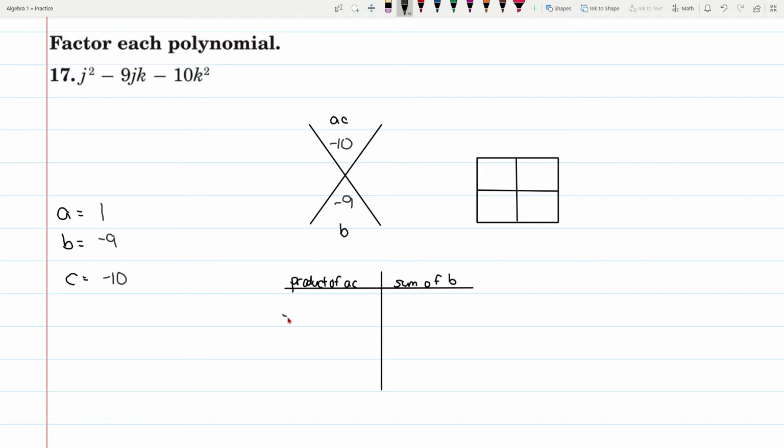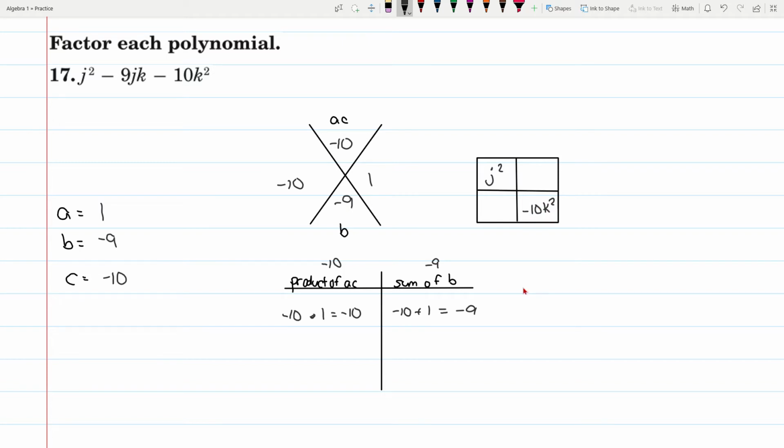Let's try -10 times 1. That'll be that -10 we're looking for. And -10 plus 1 is going to be the -9 that we're looking for. And so we have -10 and 1 coming out here. We have j squared, and we have a -10k squared.